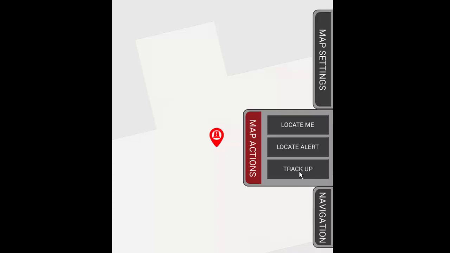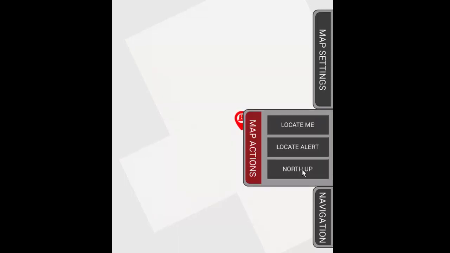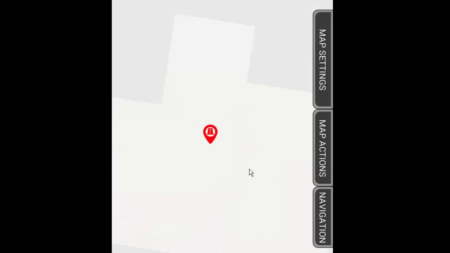But if you don't want north up, or you don't want the manual direction, you can hit track up, and that will actually cause the map to rotate around your vehicle. So your vehicle will always be pointing up, and the map will actually rotate around the vehicle. So you have that choice of either using track up or north up as your orientation of the map.